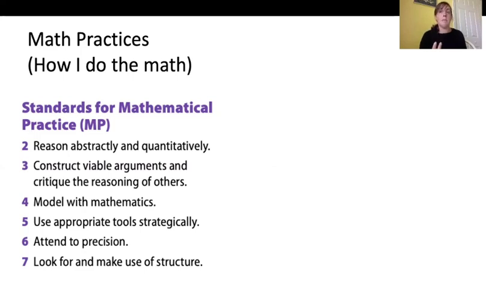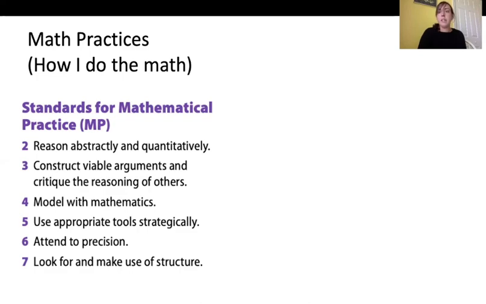It has line segments, 3 or more line segments. All of those things make it exact. And then we are looking for and making use of structure. Friends, that's just, can you find a pattern? You guys have been finding patterns since kindergarten. You have been creating those patterns. So math practice number 7, to me, I think is kind of the easiest. We should see a pattern, because if we don't, then how are we going to know we're right?